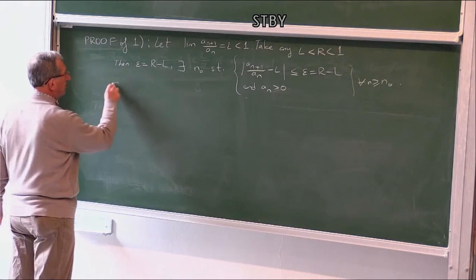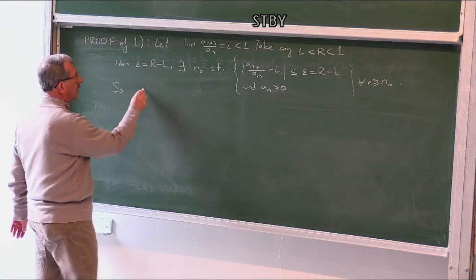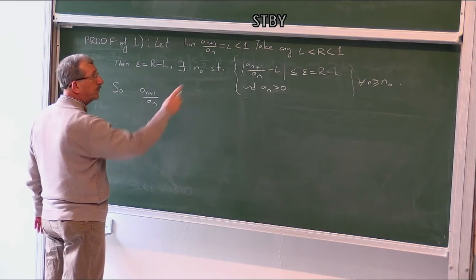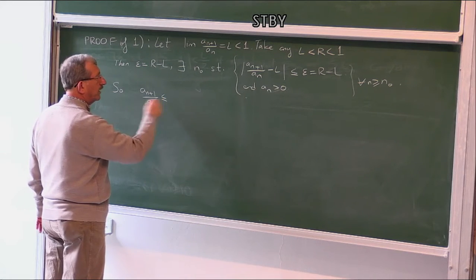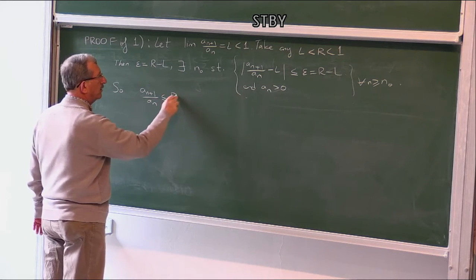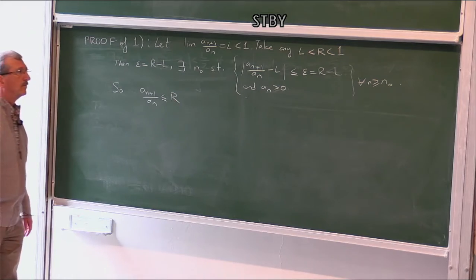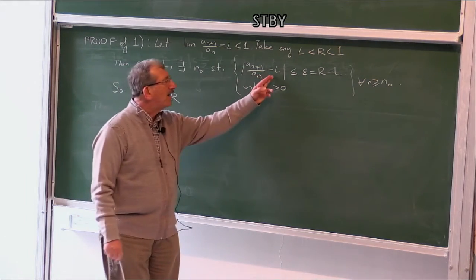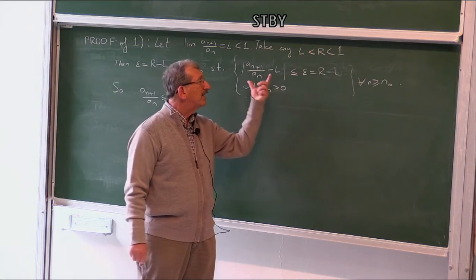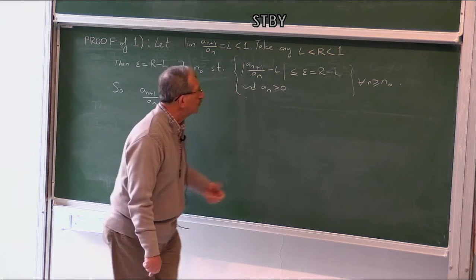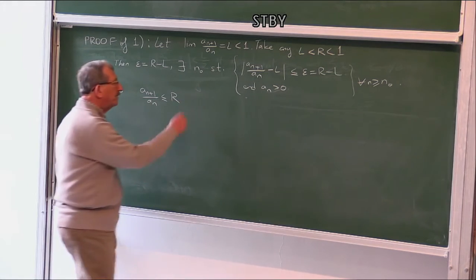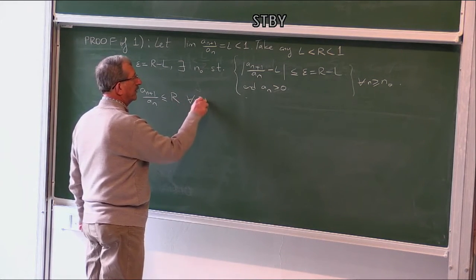Well, then, we get the following. a_{n+1} over a_n would be smaller than R. Because a_{n+1}/a_n minus L is smaller than the right side in absolute value. Without absolute value, it's still small. So we get this for all n after N0.